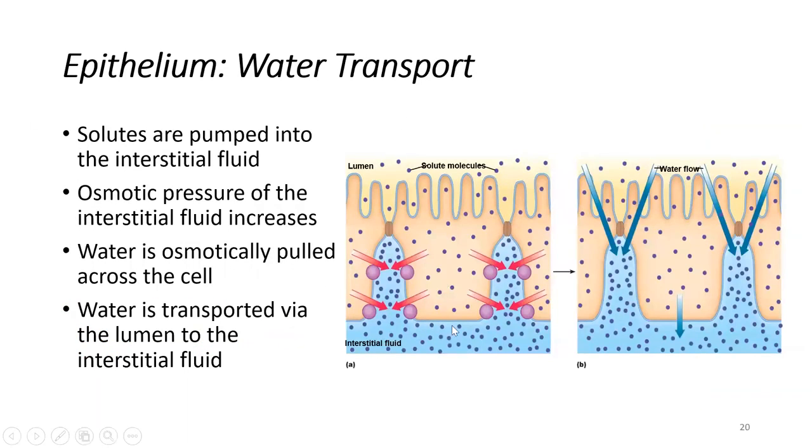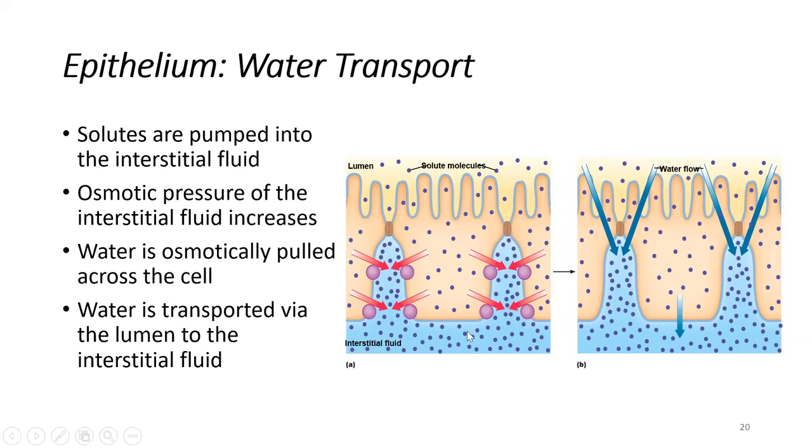The final thing that we're going to speak about here is water transport across the epithelial membrane. So the way that water moves across epithelial surfaces is that we basically create this osmotic pressure of the interstitial fluid. So we basically pump solutes into the interstitial fluid, and then we pretty much create a gradient for water to simply follow via osmosis.